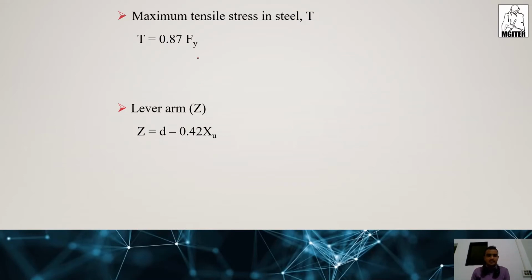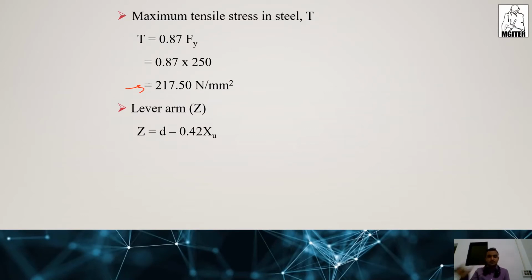Then the tensile stress in steel: T is equal to 0.87 fy, where fy is the steel grade, 250. So the maximum tensile stress is 217.50 Newton per mm square.